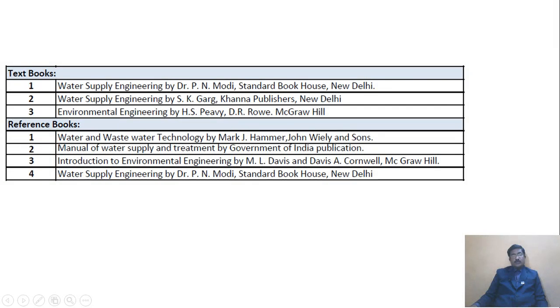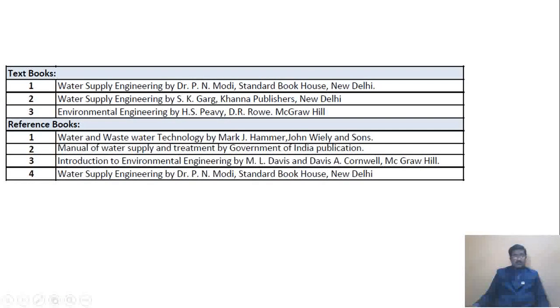So what are the good books available for this? In the textbooks, it is Water Supply Engineering by Dr. P.N. Modi, Water Supply Engineering by S.K. Garg, Environmental Engineering by H.S.P.V. and Dr. D.R. Rowe.